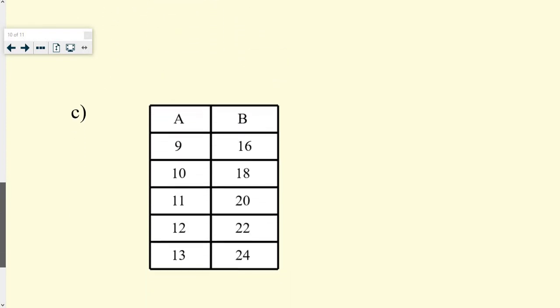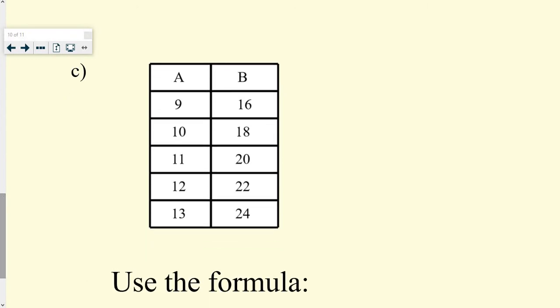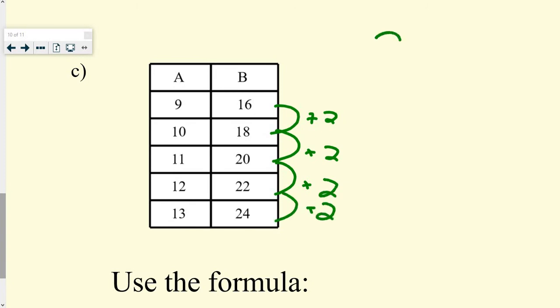So for the final one, again, please do this on your own. Don't just watch me. This is how you know you can do this. Every time it goes up by 2, so we know that it's 2x. When we have 2x and it's 9, we know that it's 18.